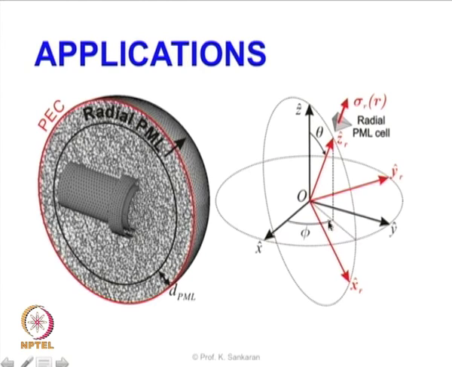These two angles, along with the radius, give you a unique definition of the radial PML, because by using them you can compute the loss function, which is the sigma r function. As you can see, this is quite helpful for modeling quite complex antennas which are in 3 dimensions.